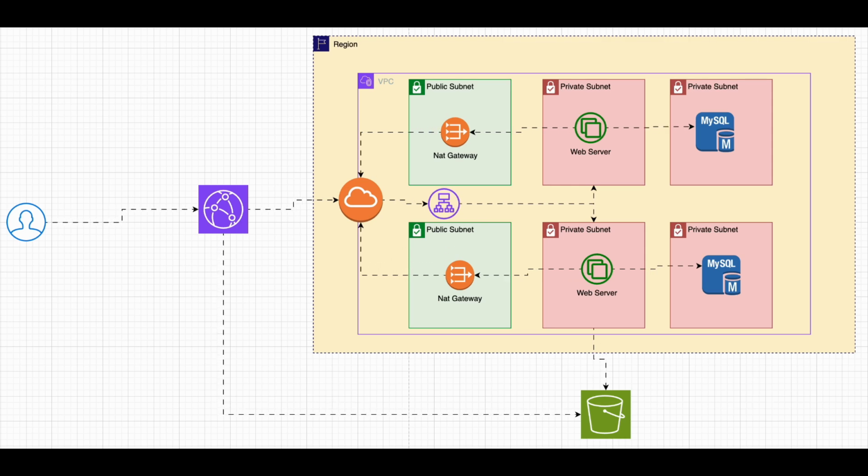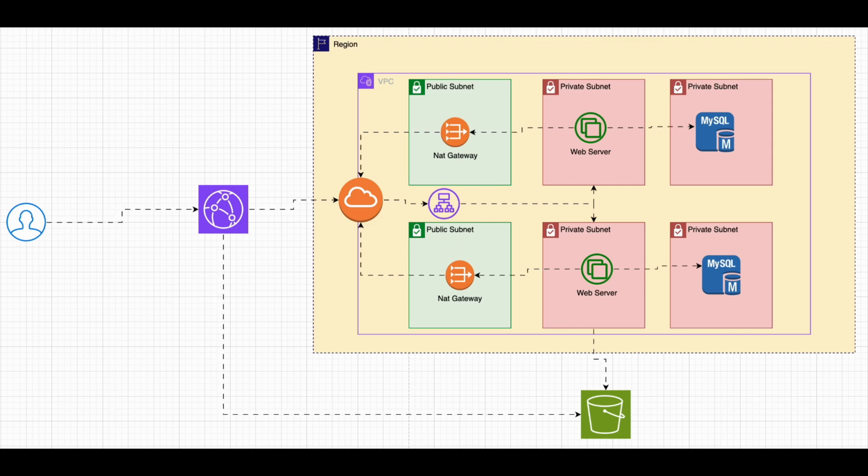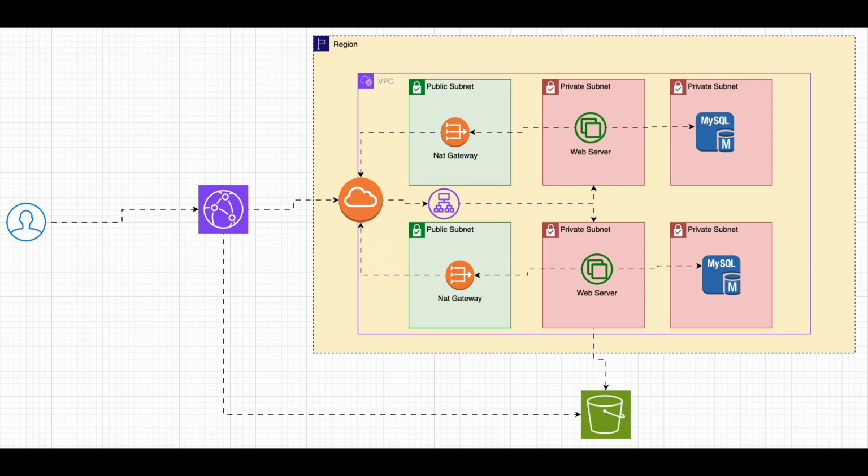So you use an internet gateway when you want resources in a public subnet to be available to the public internet. And you use a NAT gateway when you need resources in a private subnet to communicate with the internet. It's like downloading updates, but you don't want them directly accessible from the internet.